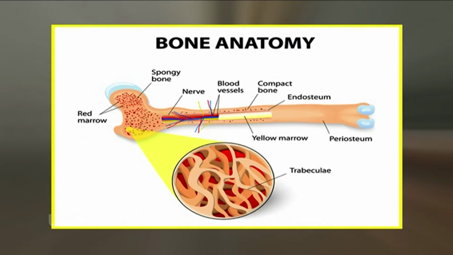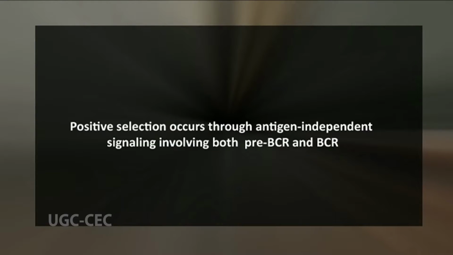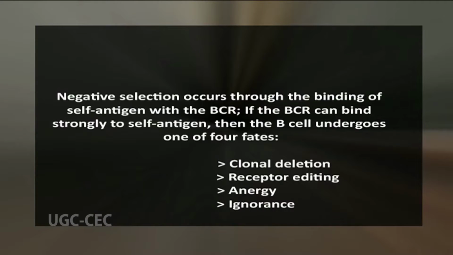B cells undergo two types of selection while developing in the bone marrow to ensure proper development. Positive selection occurs through antigen-independent signaling involving both the pre-B cell receptor and the B cell receptor. If these receptors do not bind to their ligand, B cells do not receive the proper signals and cease to develop.